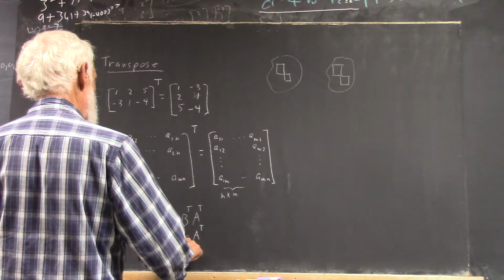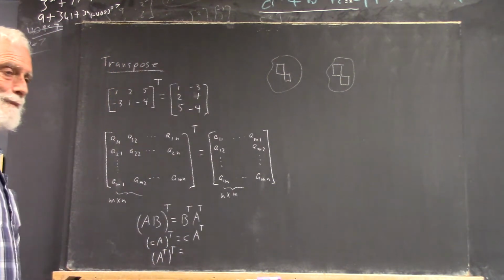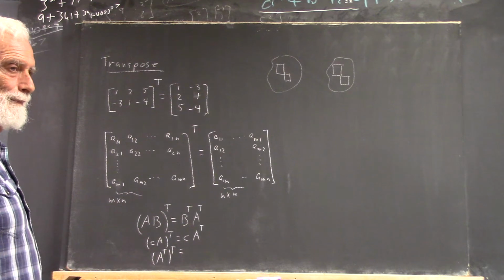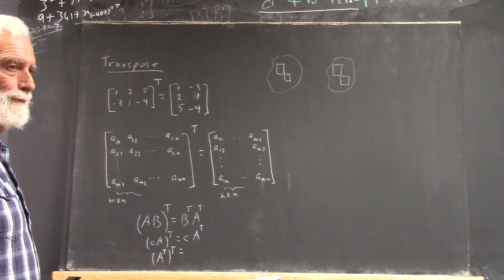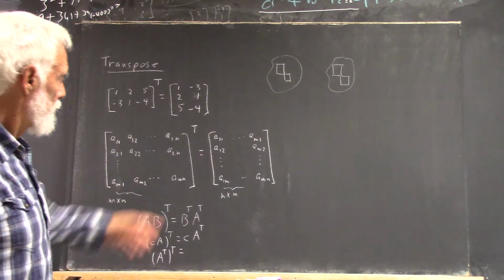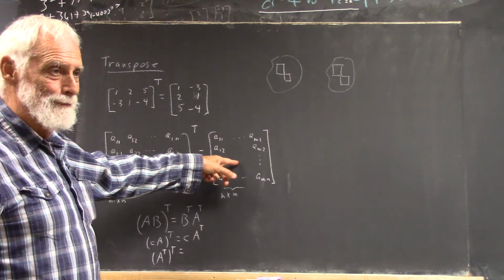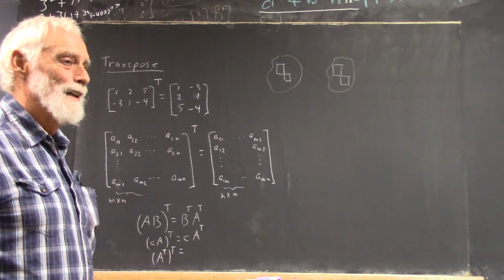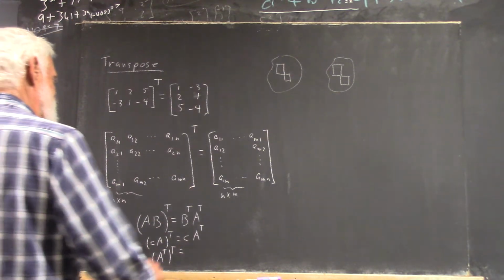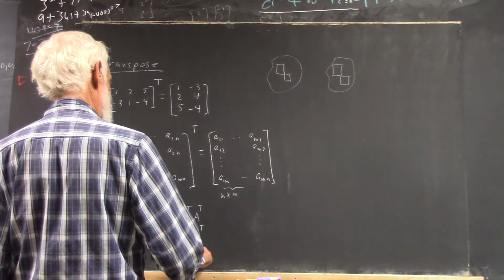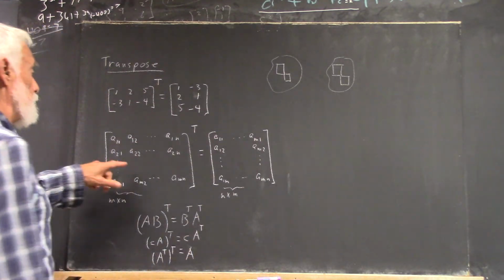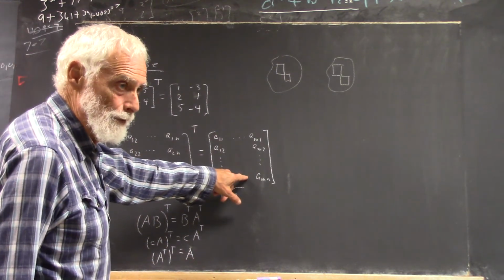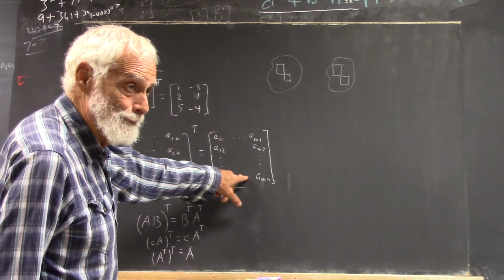What's the transpose of A transpose? Well, can you write out the transpose of this? That transposes back to A? Yeah. So, you know, an obvious property that you can prove by writing out this general form of a matrix, okay?